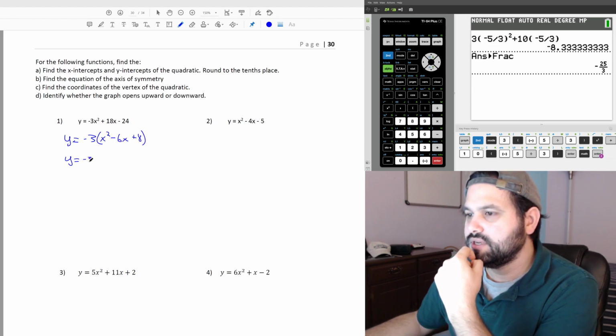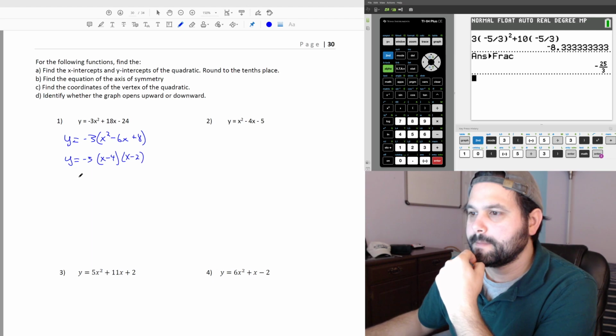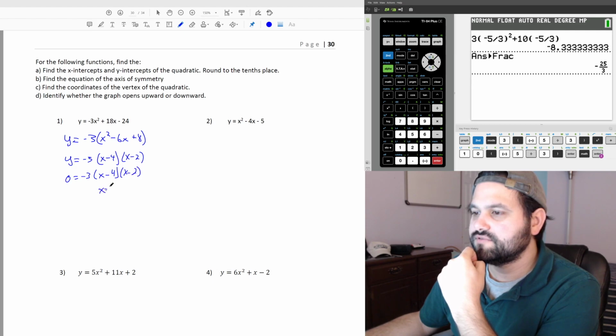Yes, that would be negative 4 and negative 2. Okay, so now we want to identify the intercepts. I probably should have started with that 0 there. So x equals 4 and x equals 2 are my x-intercepts.